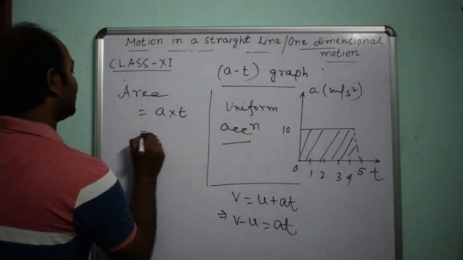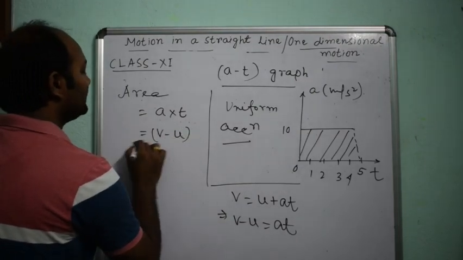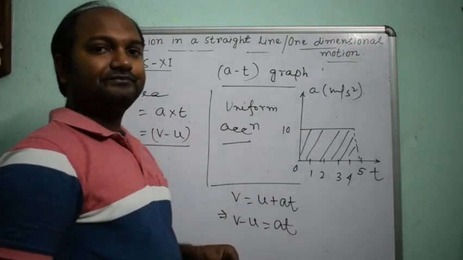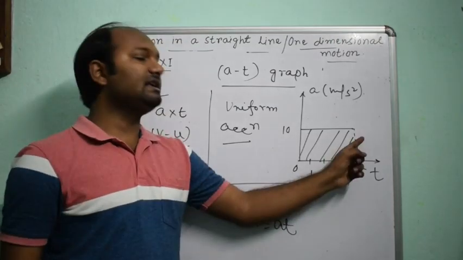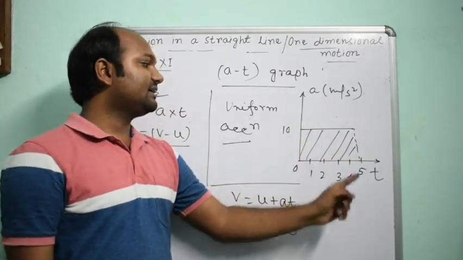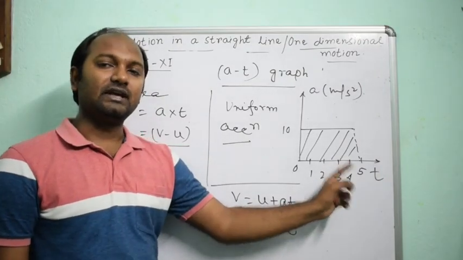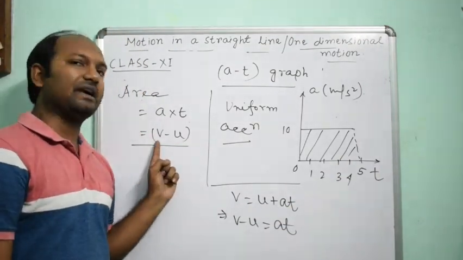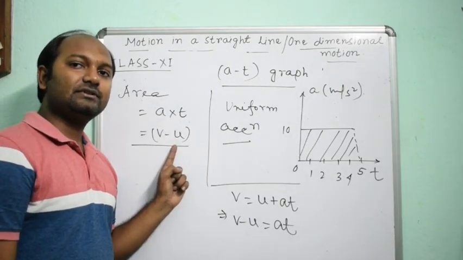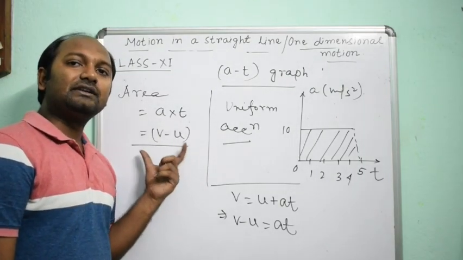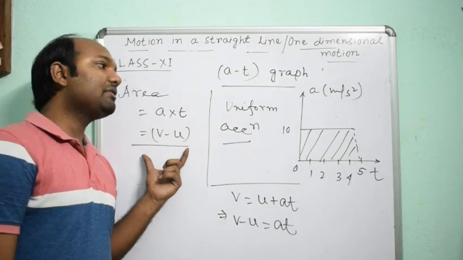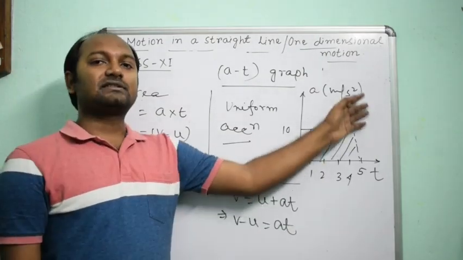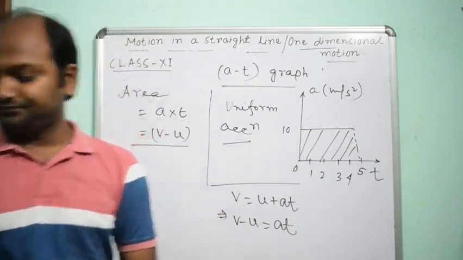So AT we can write as V minus U. So if you find the area from the acceleration time graph, it will represent the increase in velocity. You know V is the final velocity and U is the initial velocity. So if you want to find the increase in velocity, you have to find the area of the acceleration time graph.